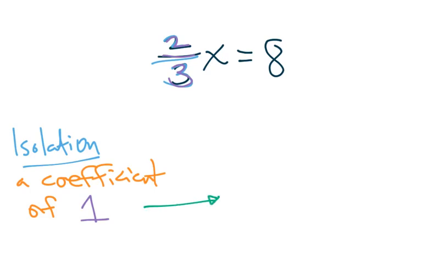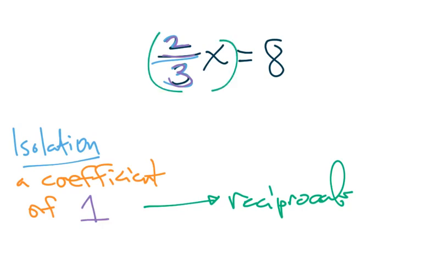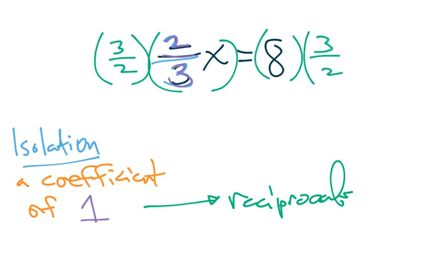Well, this should lead us to a concept called reciprocals. You might remember that the definition of reciprocals is two values whose product is 1. So if I choose to multiply both sides by the reciprocal, in this case 3/2, what that's going to allow me to do is get isolation, or it'll get me a coefficient of 1, because look at all the canceling that's going to happen. 3 and 3, 2 and 2.